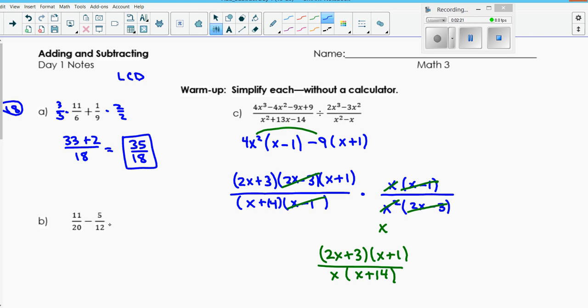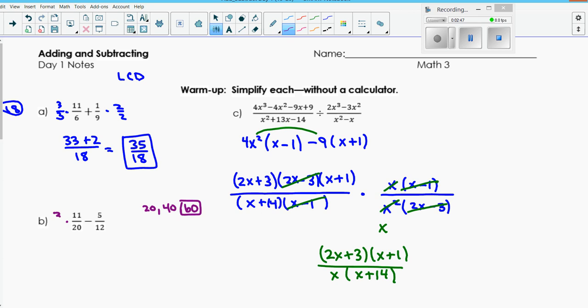Okay, 20 and 12, let's see. I always start with the biggest number and think of multiples of it. So there's 20, the next multiple would be times 2, which is 40, times 3, which is 60. Can I make 12 become 20? No. Can I make it become 40? No. Can I make it become 60? Yes. So 60 is my least common denominator.